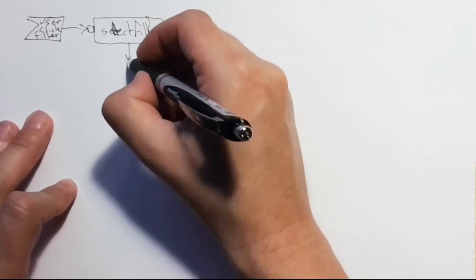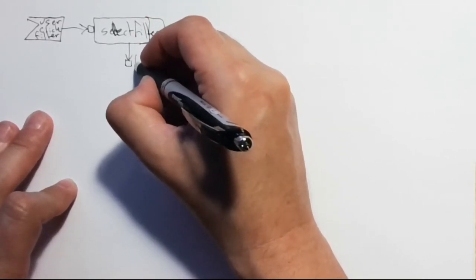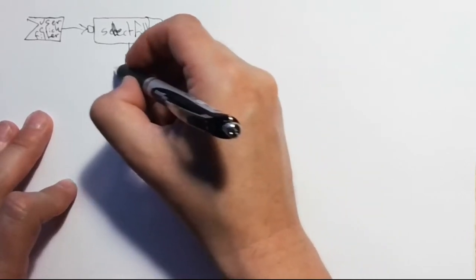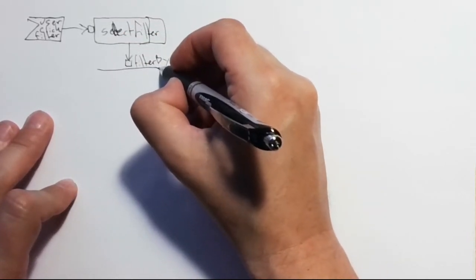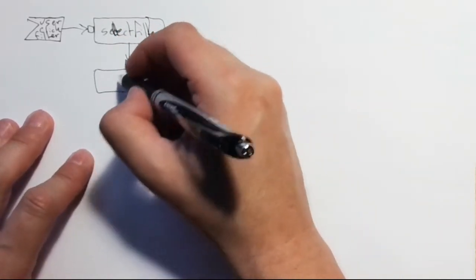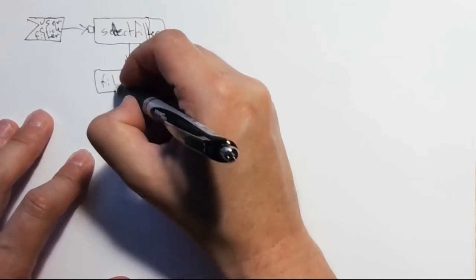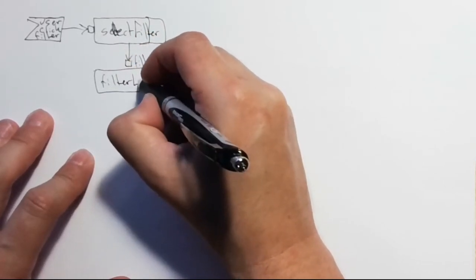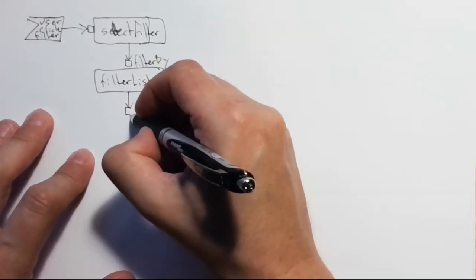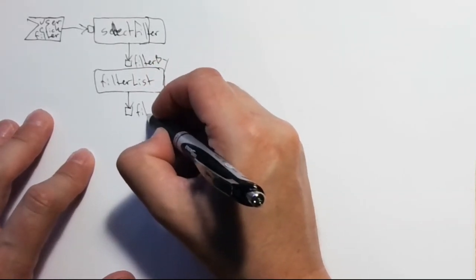That then gives me the filter by that I'm going to use in my filter list. That then gives me a new list, the filtered list.